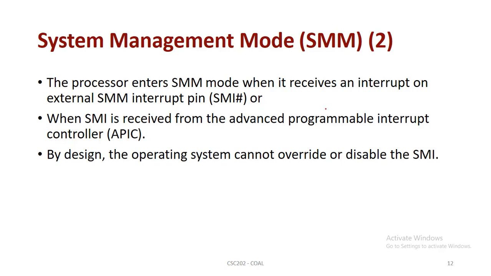Let's say this is your CPU, and this is your interrupt pin. When the processor receives an interrupt on this particular pin, and this CPU was executing in protected mode at that time, it will switch to system management mode.